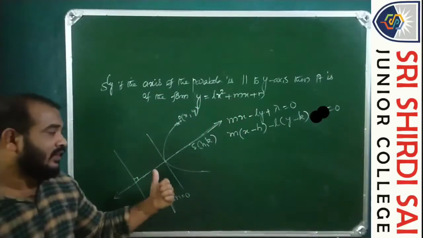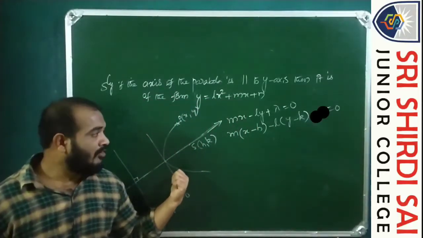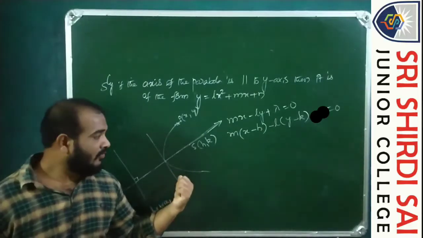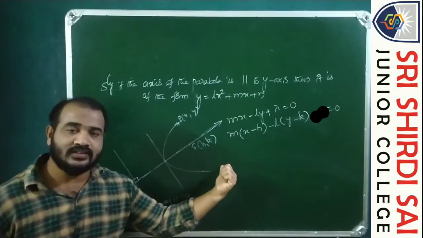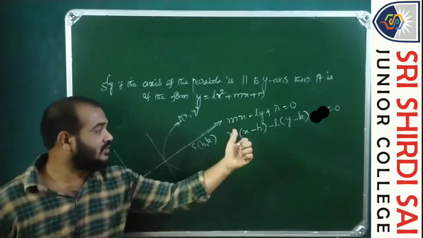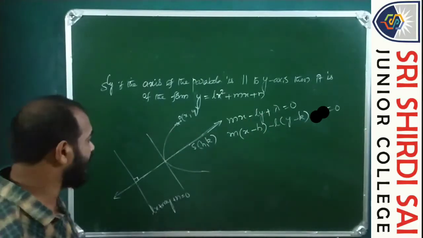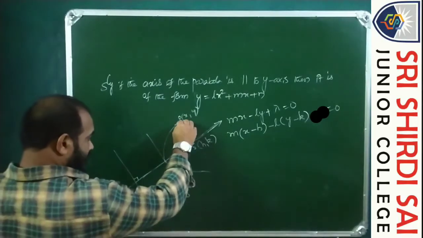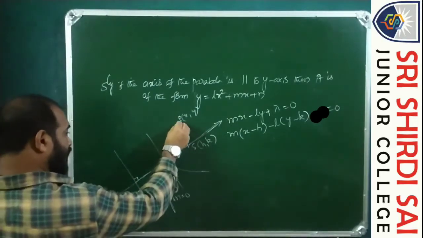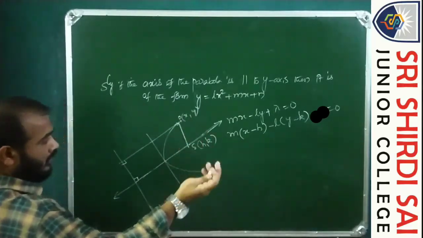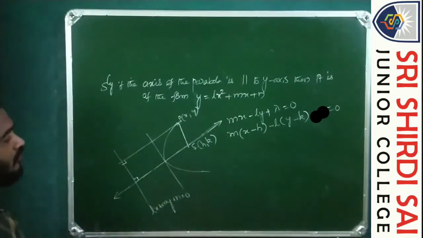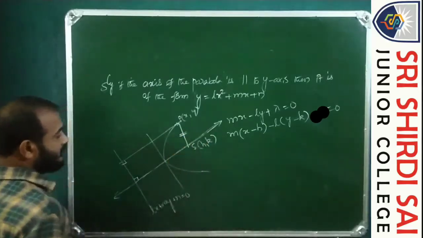So this is the equation of the axis when the parabola is neither symmetric about y-axis nor x-axis. So this is the parabola, and this is SP and this is PM. According to the definition of a parabola, SP equals PM.